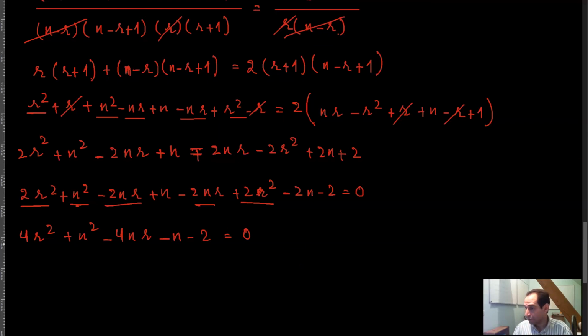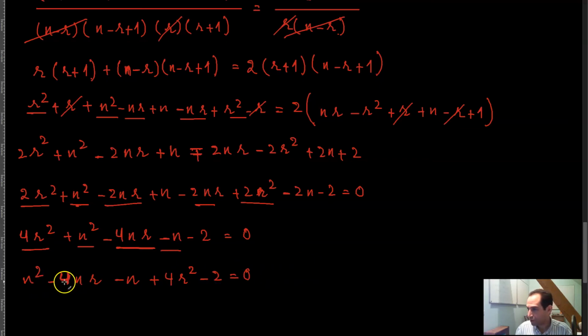Which means that then I will be able to write this as n squared minus 4 times nr, minus n, plus 4 times r squared, minus 2 is equal to 0.